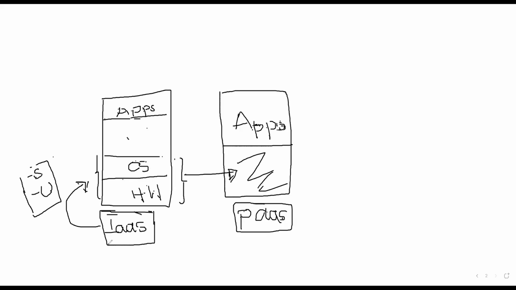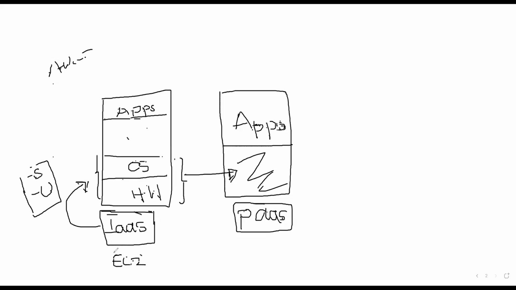To give an example of infrastructure as a service in AWS, we have EC2, the Elastic Compute Cloud.